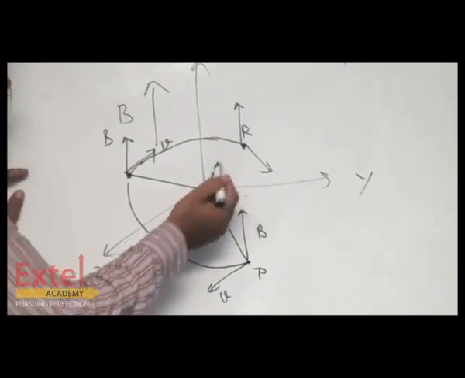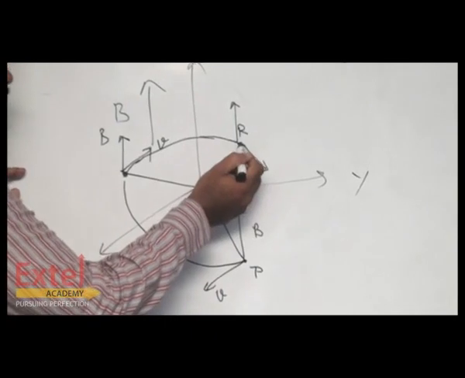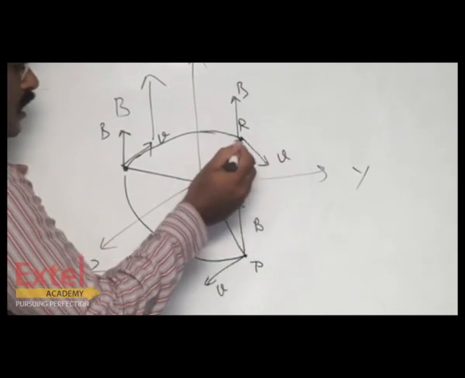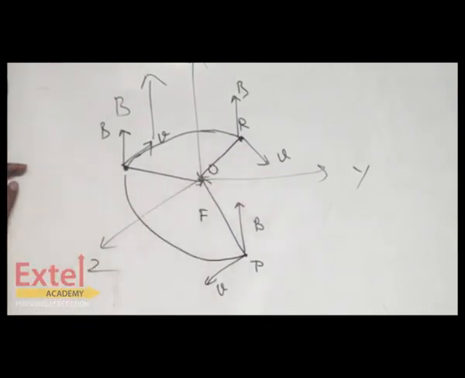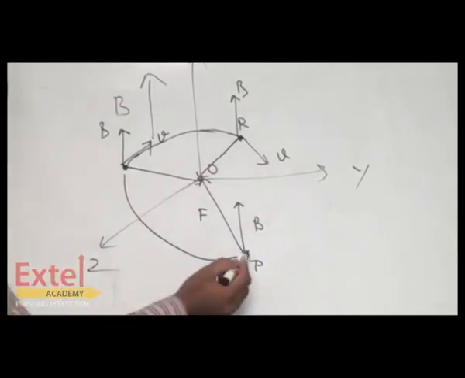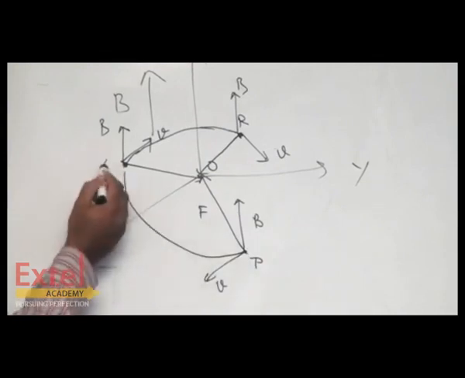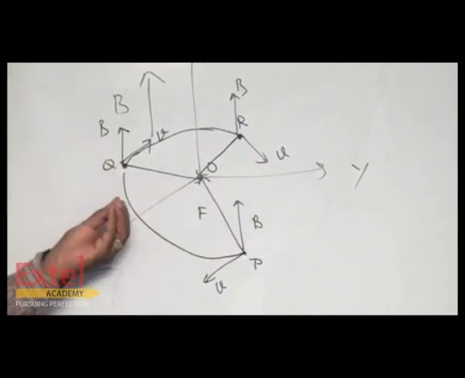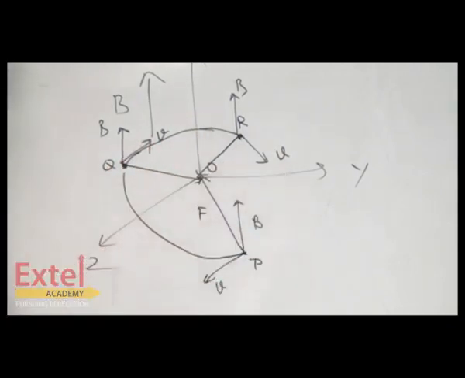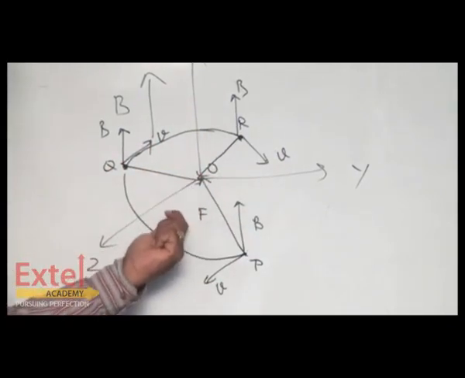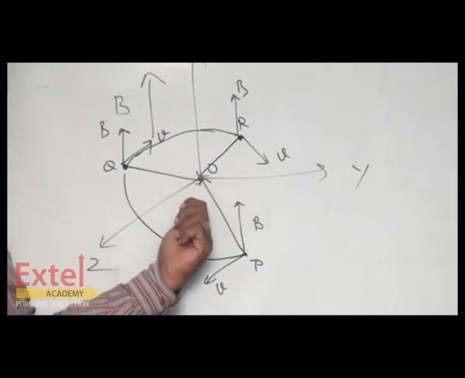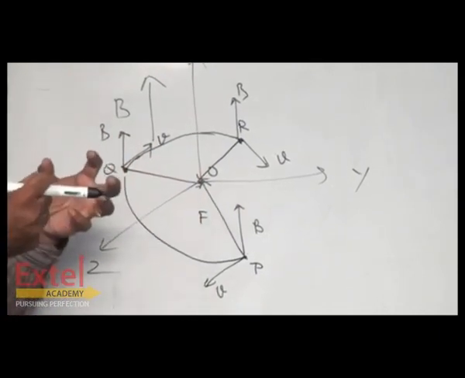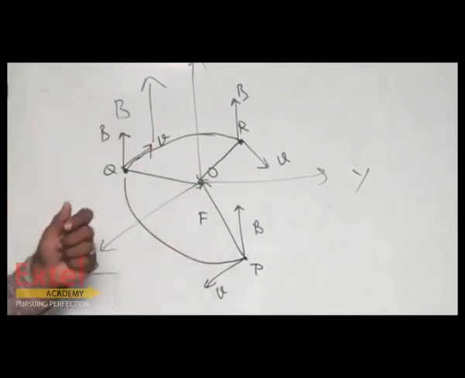Again the force acting on the particle is perpendicular to both v and B, so it points towards the center. So whatever the position, when the particle reaches point Q as well as R, the direction of the force experienced by the particle at all points is acting along the radius towards the center. So the particle is confined to move only in a circular path.